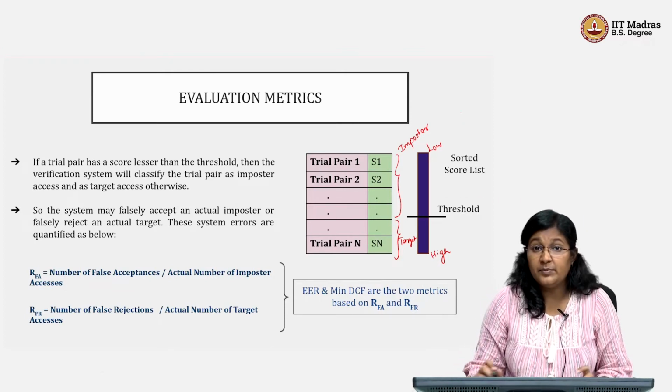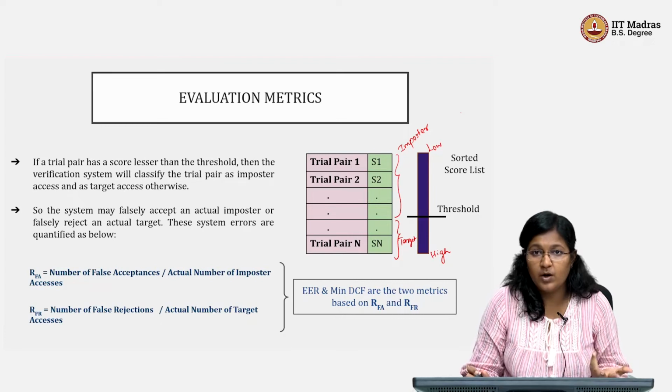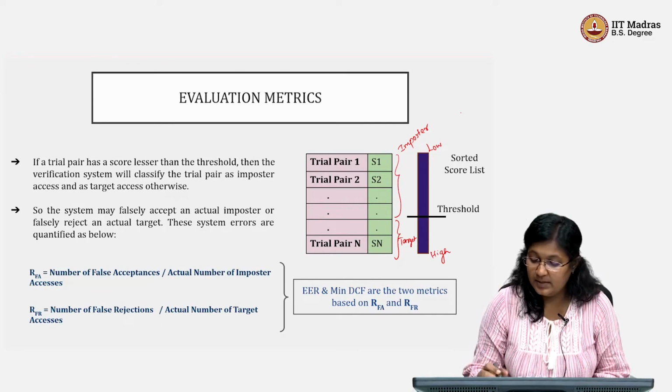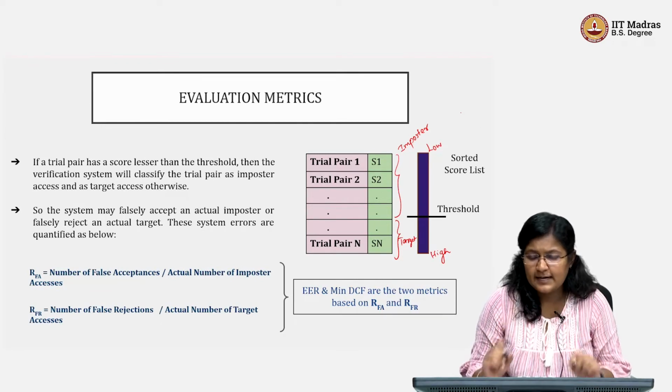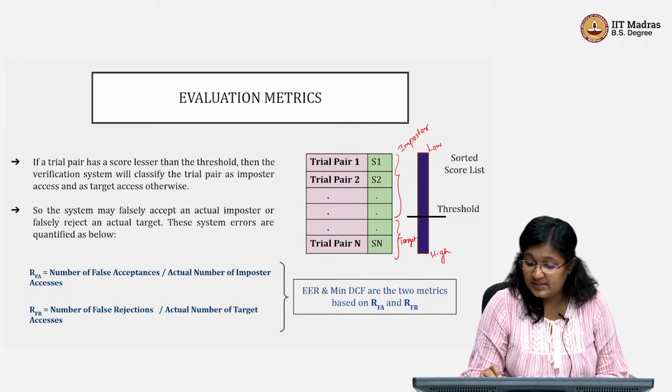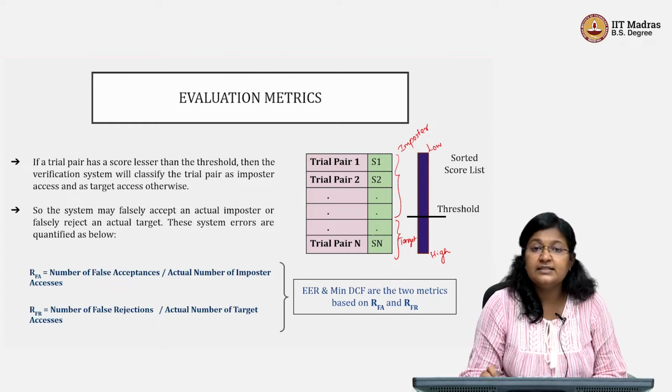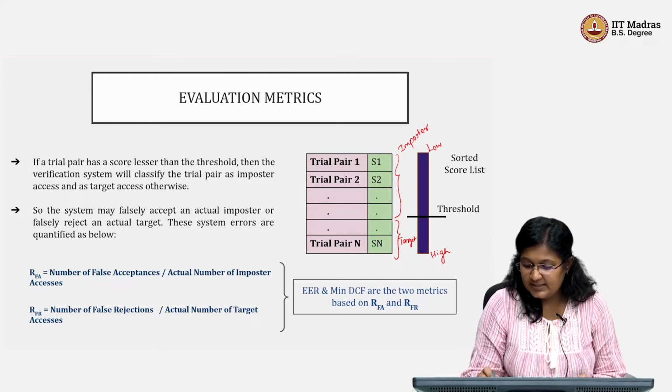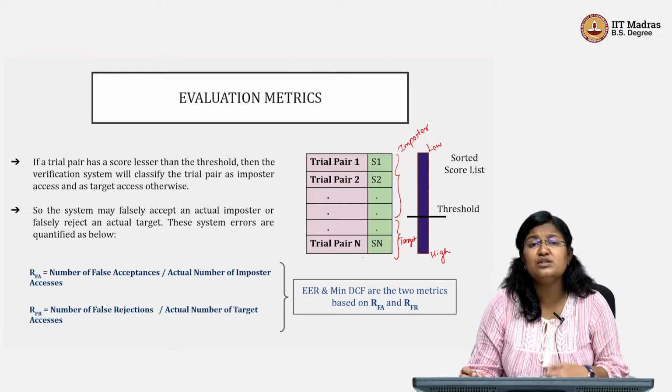But won't there be any errors? Because it's just a model, there will be errors. There is a slight chance that same speaker trial pairs are present here, and there is a slight chance that different speaker trial pairs are present in this region also. So those are your errors.